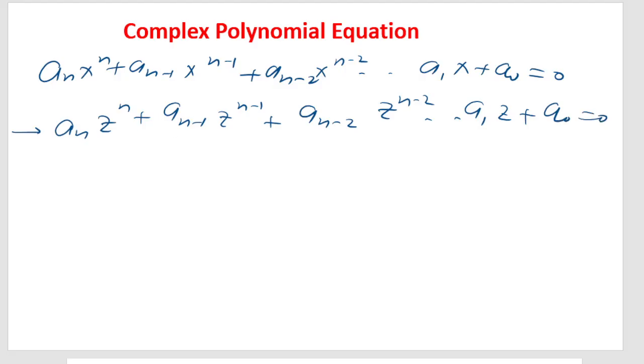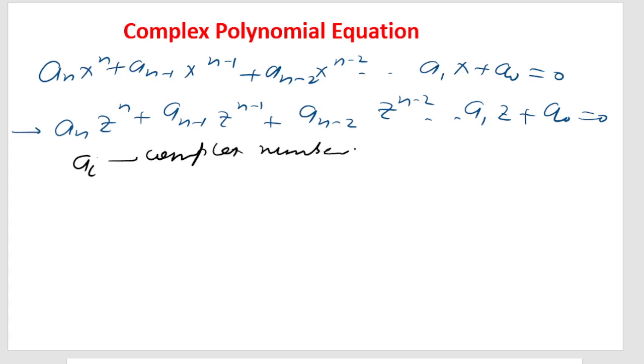So basically this is exactly the same as your real polynomial, but the only difference is the coefficients. In case of a complex polynomial, these coefficients are complex numbers. That's the interesting thing.